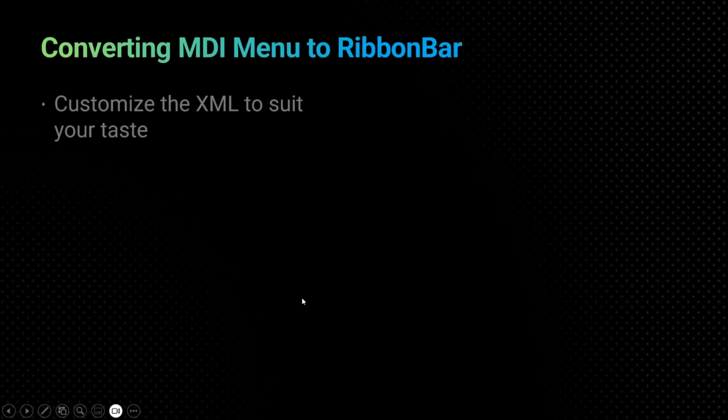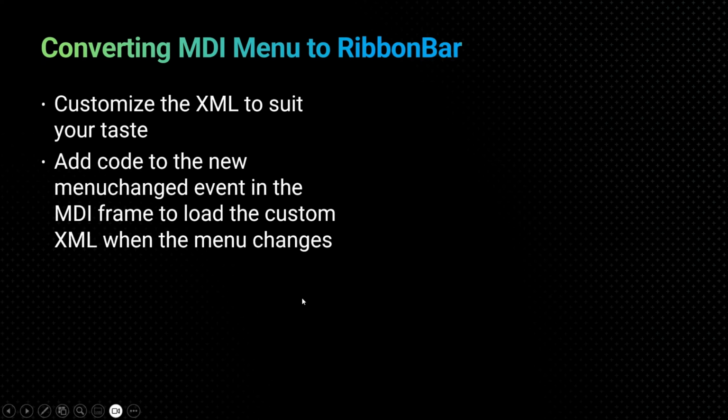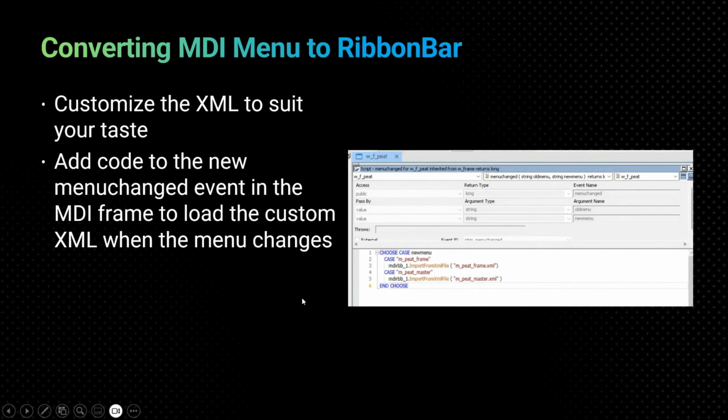And then after you've suited that to your taste, there's a new event on the MDI frame window called Menu Changed. And you go into that event, and depending on the menu that is currently enabled now, because if you've got an MDI application, normally you have a frame menu, you open up a sheet, there's a sheet menu, there may be several different sheet menus for different kinds of sheets.